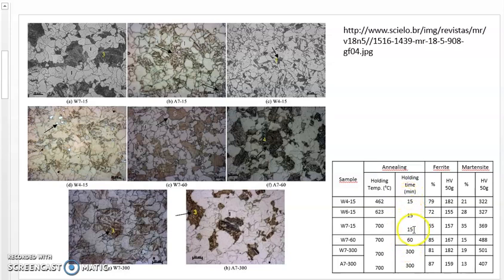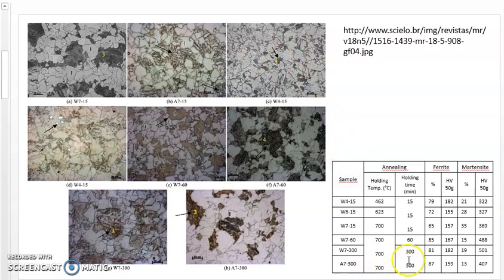For example, a smaller time, 15 minutes, for the sample W414, this one, or W714, this one. You can see small grains in some cases.